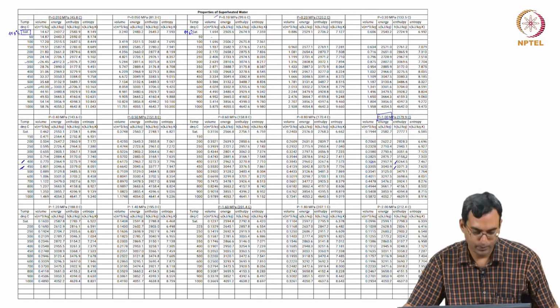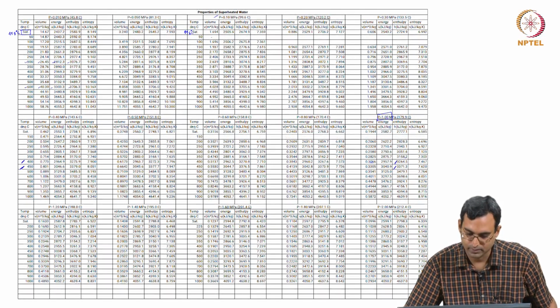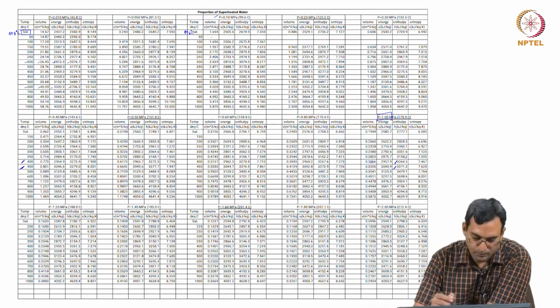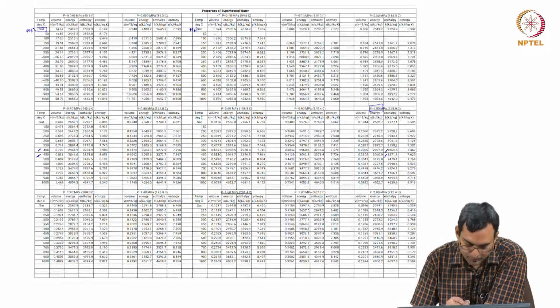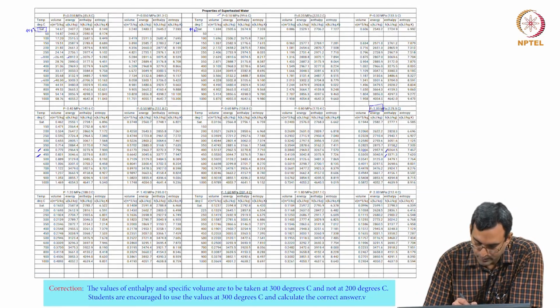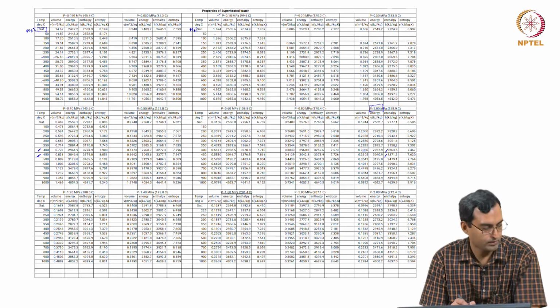I know it is in the superheated region, so let me go to the superheated tables. I am looking for a pressure of 0.5 megapascal, that is here, and I am looking for 200 degrees centigrade, which is here. So, I am interested in these values. The volume is 0.4250.